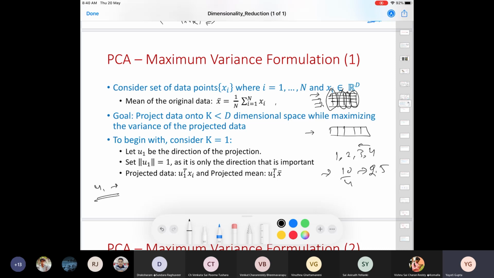Now, if you recall the formula for variance, you subtract the mean from each individual point, square it, and then sum it up across all the data points. Now, this is the variance in the original space.